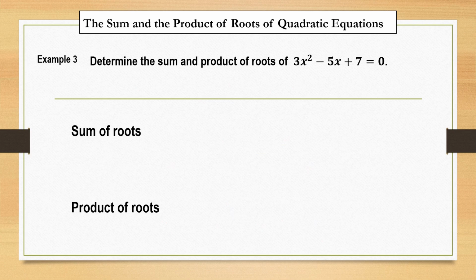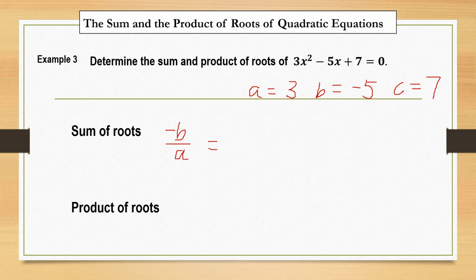Another example. Determine the sum and the product of the roots of 3x squared minus 5x plus 7 is equal to 0. So in the given equation, a is equal to 3, b is equal to negative 5, and c is equal to 7. The sum of the roots of the given equation is given by negative b all over a.